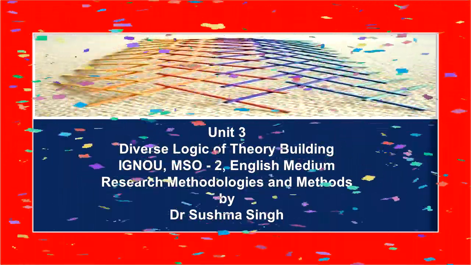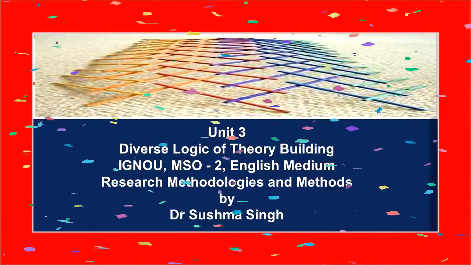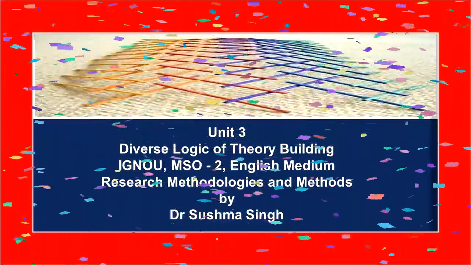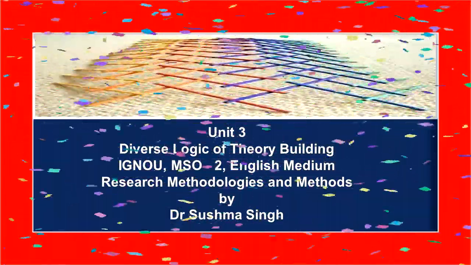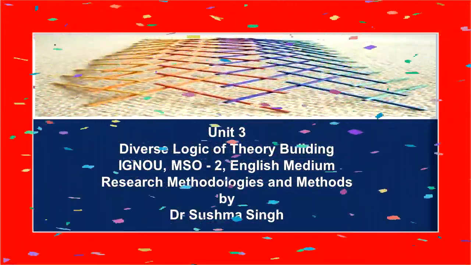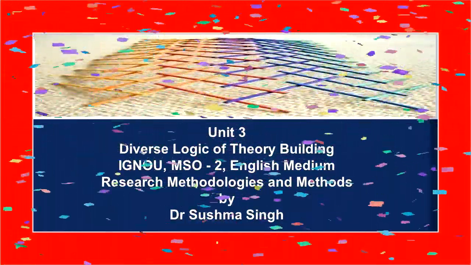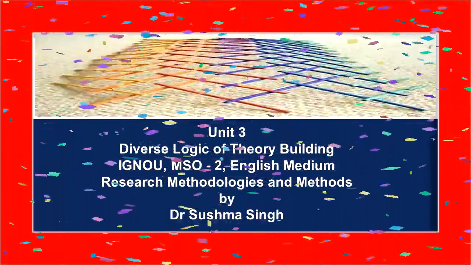Now let us move to the point, static group comparison paradigm. In the static group comparison paradigm, instead of studying the same field situation before and after, one compares two similar field situations, one with and the other without the introduction of the independent variable.